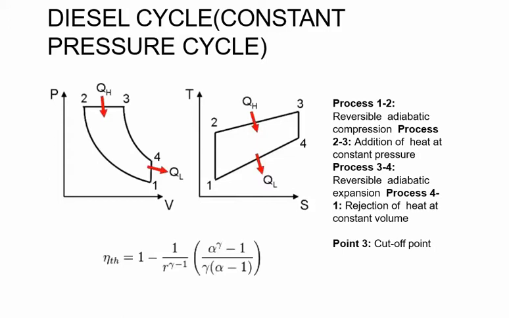The net work done is produced per cycle and is also called the useful work, as it can be turned into a useful type of energy to propel a vehicle or produce electrical energy.